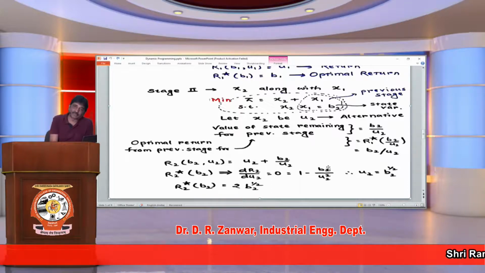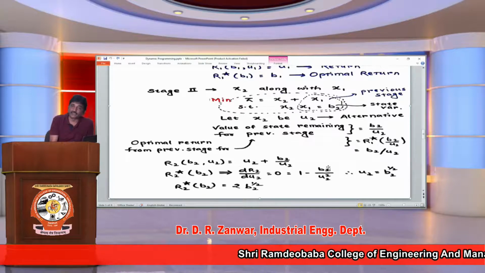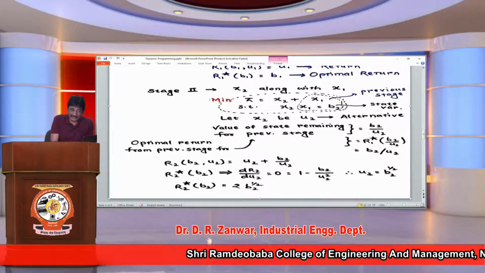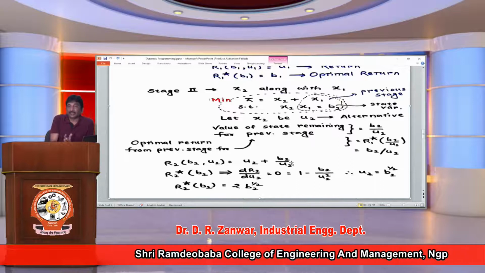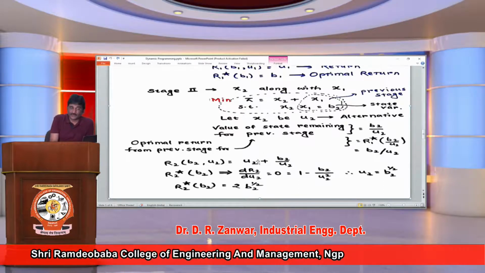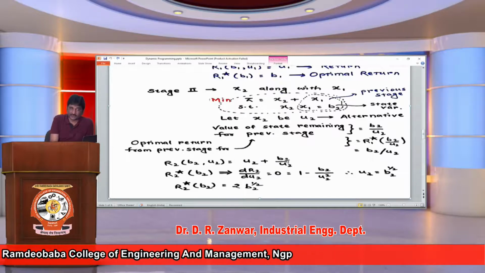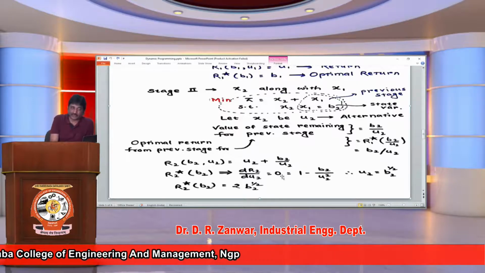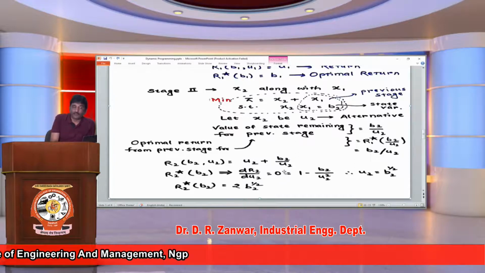That time we simply differentiated and we knew whatever value of u2 we got would give us the maximum. And here also we have to assume that after differentiating this function with respect to u2 and equating to 0, whatever value of u2 we get will give the minimum for r2.